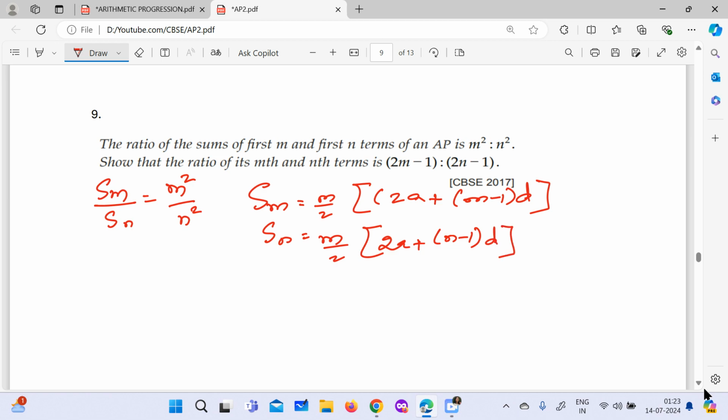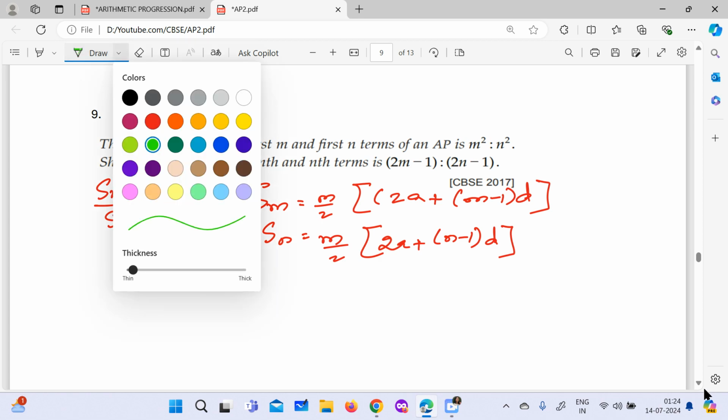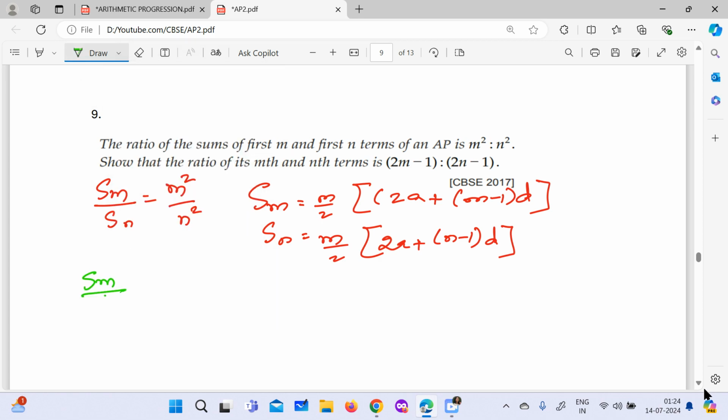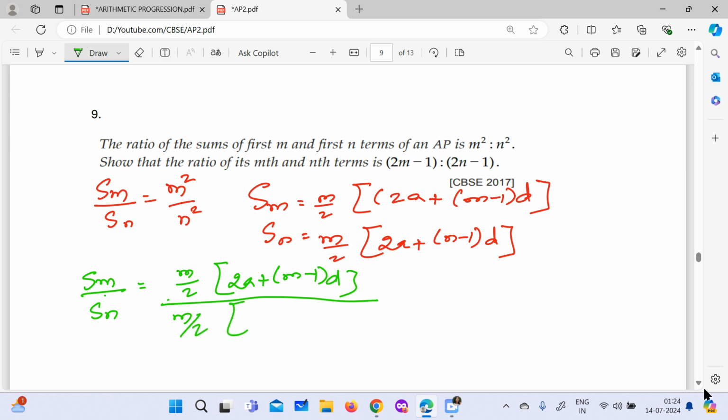So now we can substitute these values here. Sm over Sn is nothing but m over 2, 2a plus (m minus 1) times d, upon n over 2, 2a plus (n minus 1) into d.